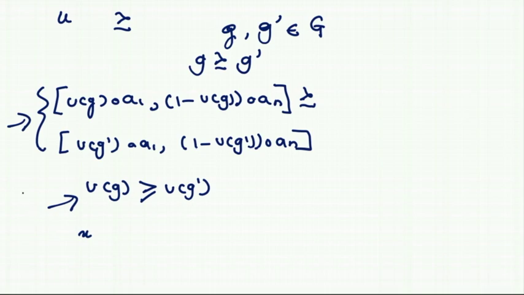So let's move on. In order to do this, we have to assume this: we have a gamble G in the set of capital G, and this gamble G is an arbitrary gamble.